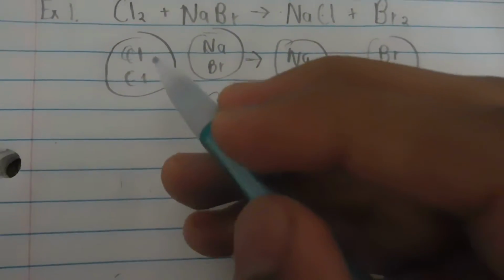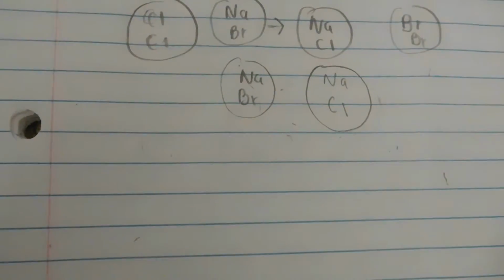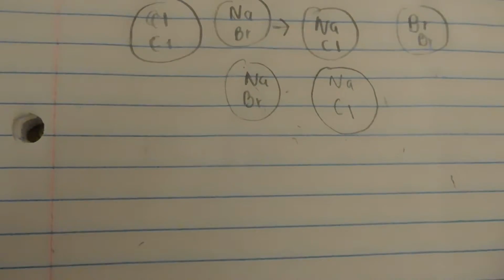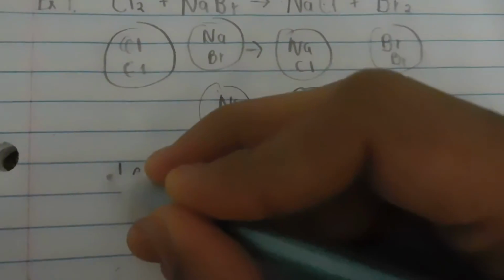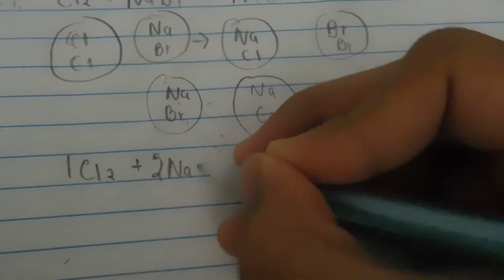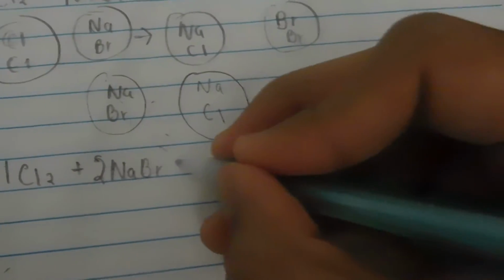Now what we have to do is 1 bubble equals 1 coefficient. So how we're going to write this is basically 1 Cl2. The coefficient is the 1, and then plus, because we have 2 bubbles, 2 NaBr.